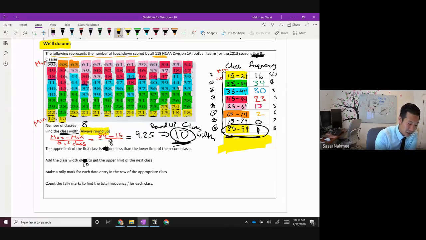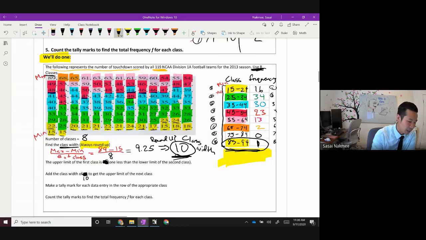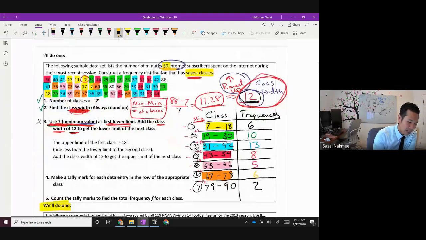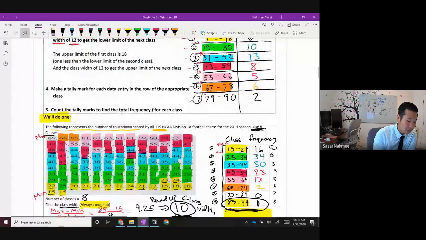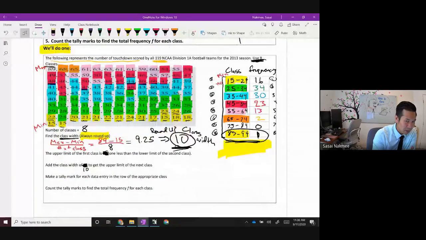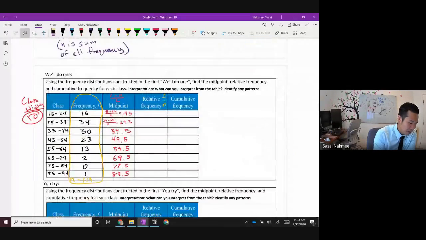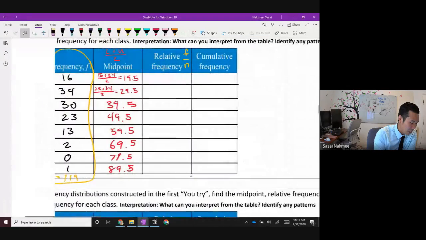It's telling you that there are 119 data points there. So it should equal 119 when you add it up. Just like the one before it, this one tells you that there were 50 numbers involved, so when you add it up, it should equal 50. A lot of the time in these word problems, they'll tell you. And if they don't, you just add them up. But if they do, hey, look at that. One less thing to do.